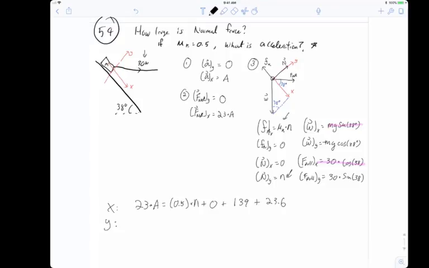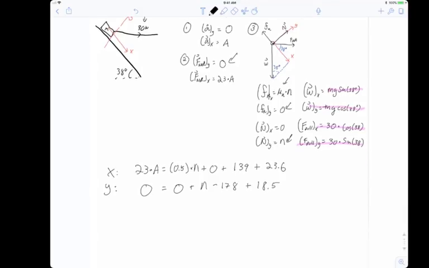Y components. 0 is equal to 0, it's that one, plus little n minus, alright, so now I'm going to calculate this one. 23 times 9.81 times cosine of 38, that's minus 178, and then I'm going to calculate this one, so that's plus 30 times sine of 38, 18.5.